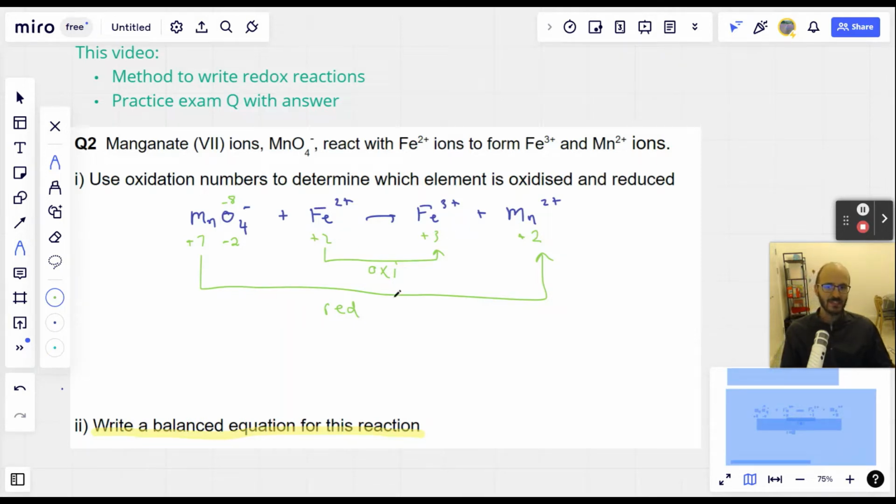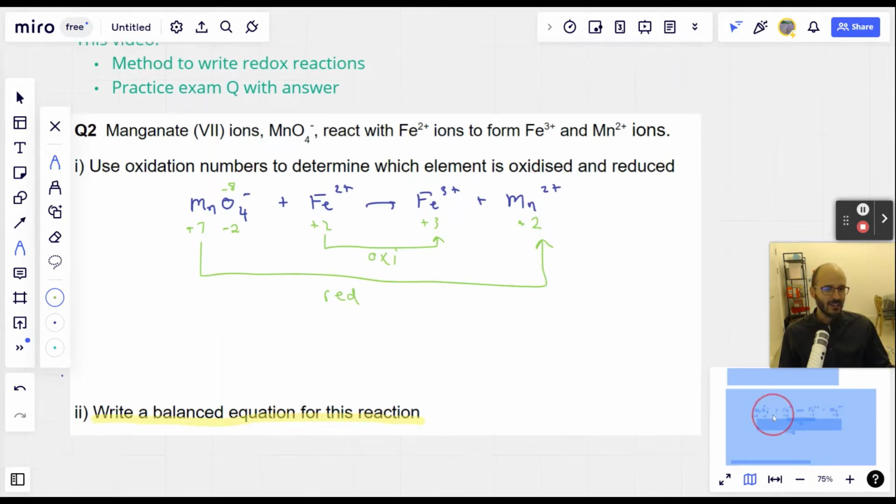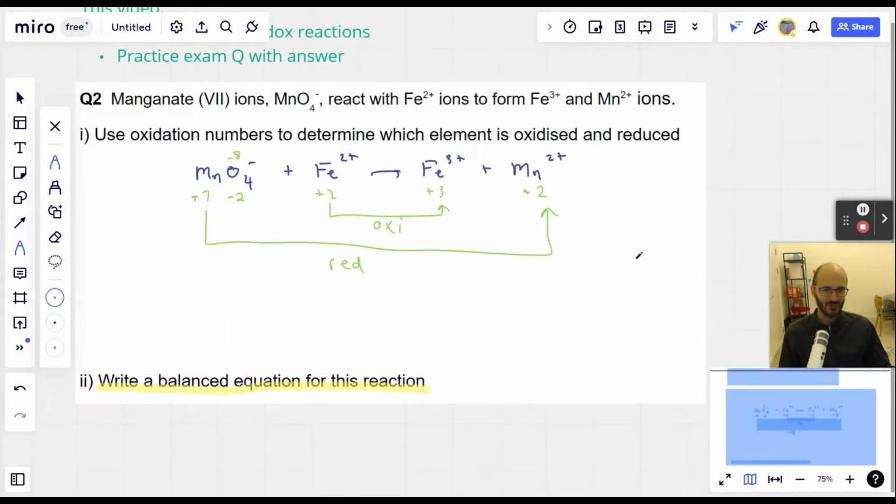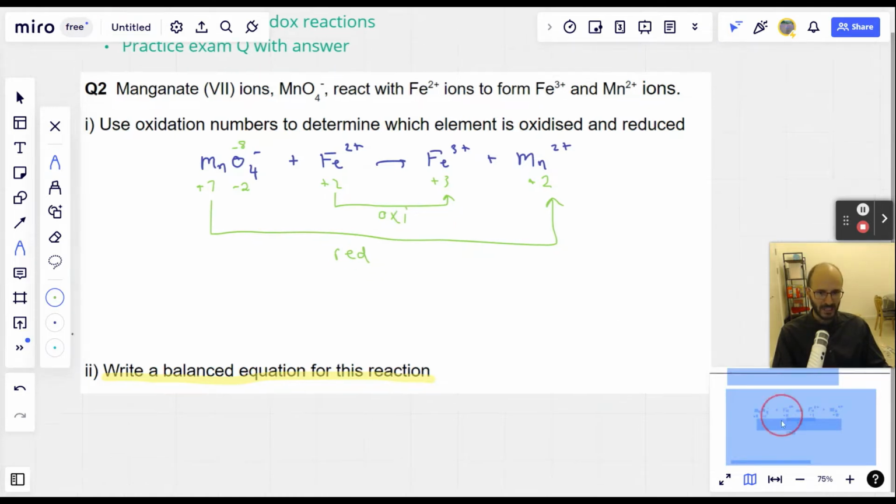Perfect. So this is really important to do what we want to do in this video, which is to write a balanced equation. So if you have a redox reaction, you try to balance this equation and it's going to be really, really tricky. Therefore, what I would advise you is to write the half equations for the oxidation and for the reduction. What does that mean?